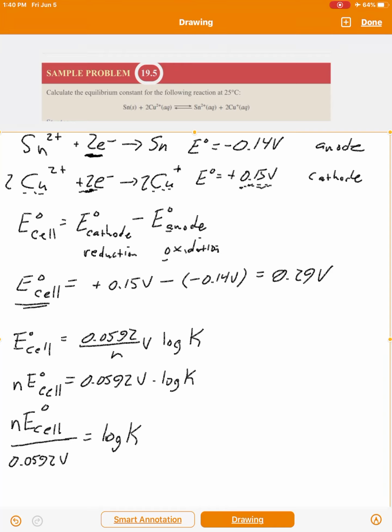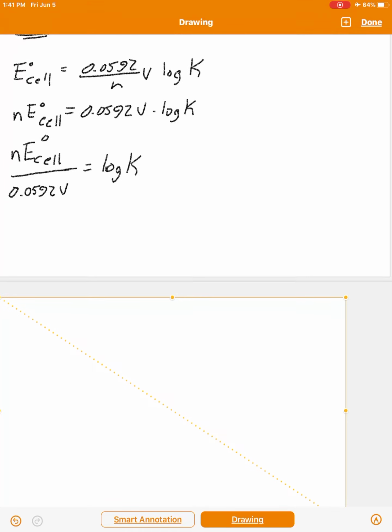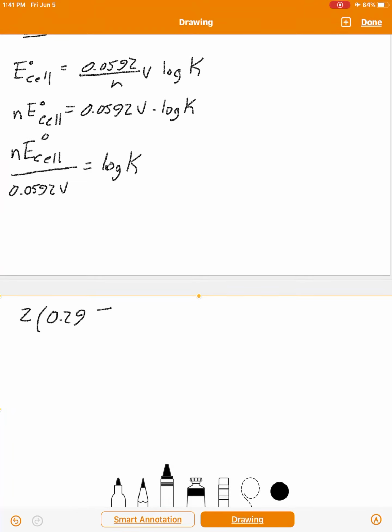So now we can go ahead and plug these numbers in. So 2, and then we have 0.29 volts. Let's just leave it in volts, since we have the 0.0592 in volts, and that's equal to log K. All right?